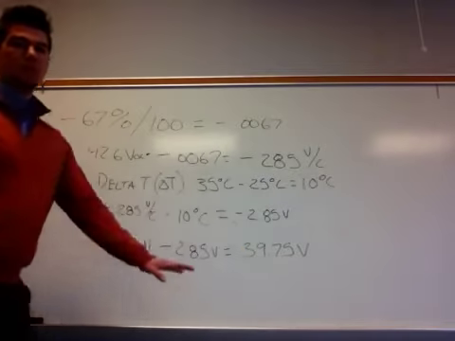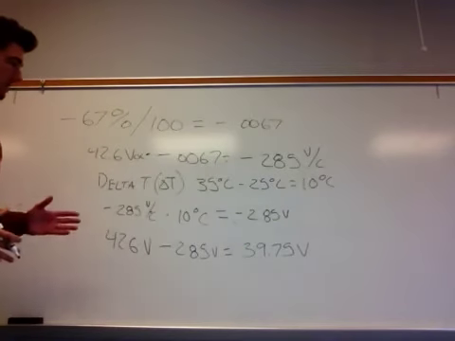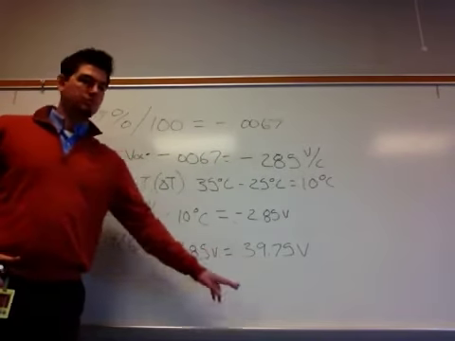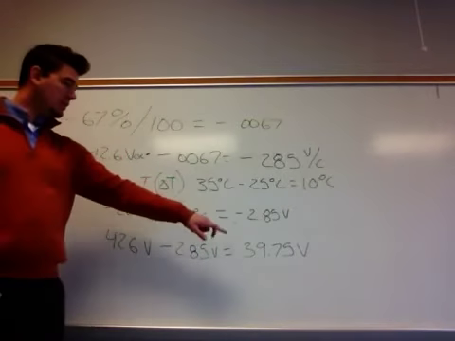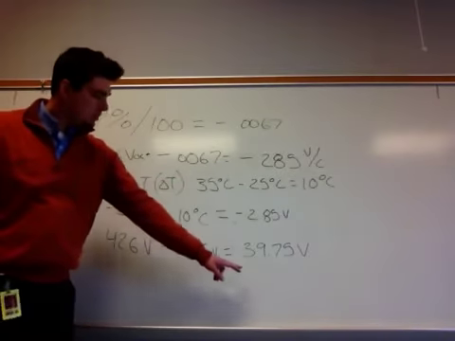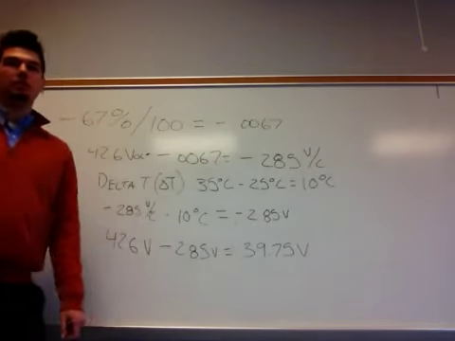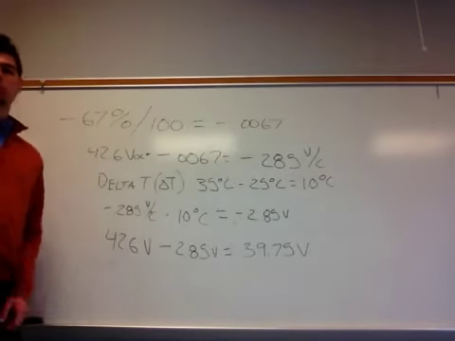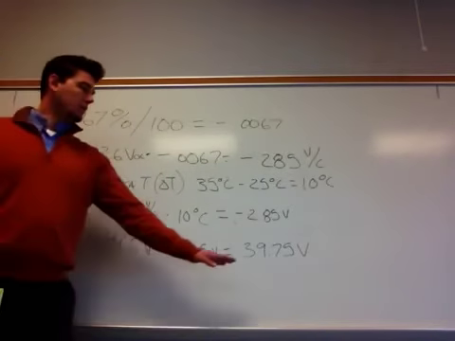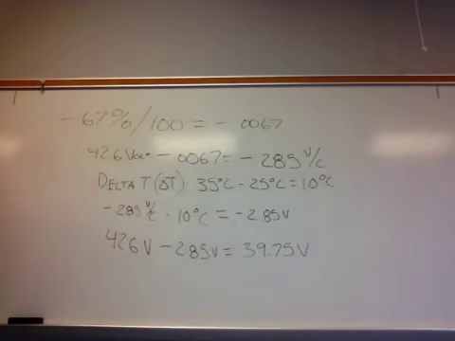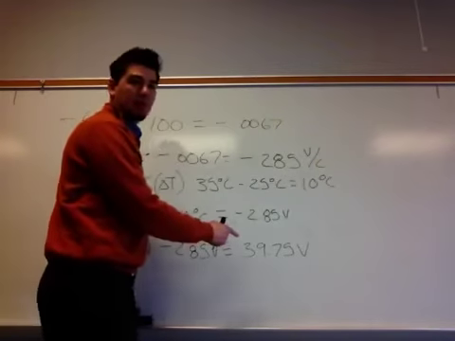What does that mean? Each module at 35 degrees Celsius is only going to be producing 39.75 volts instead of 42.6. Now we look at the minimal voltage that we have to meet. So 39.75 is the number to remember.